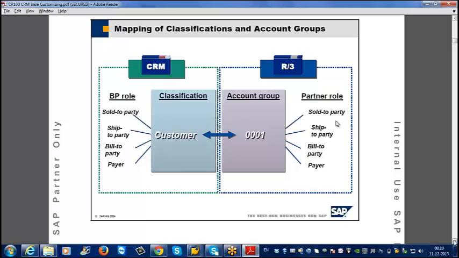For bill-to party, payer, for all these 4 roles, the classification is the same, customer. Clear? Yeah, clear. And then for customer classification, there is account group 0001 in the R3 system. So whoever is coming from the CRM system with a classification customer will be created in the R3 system by choosing the account group 0001.